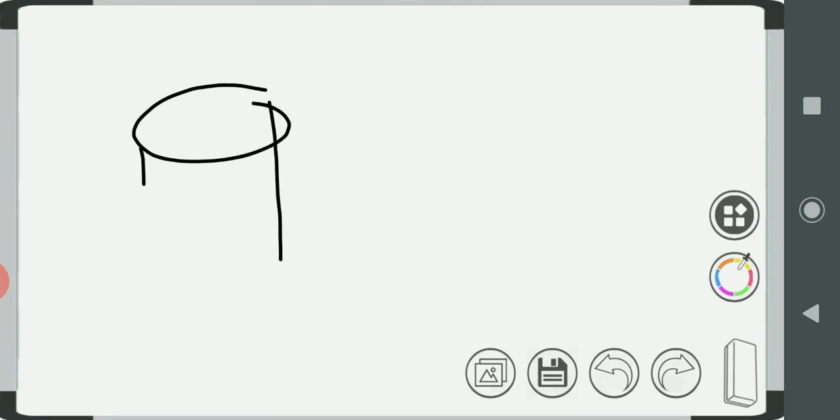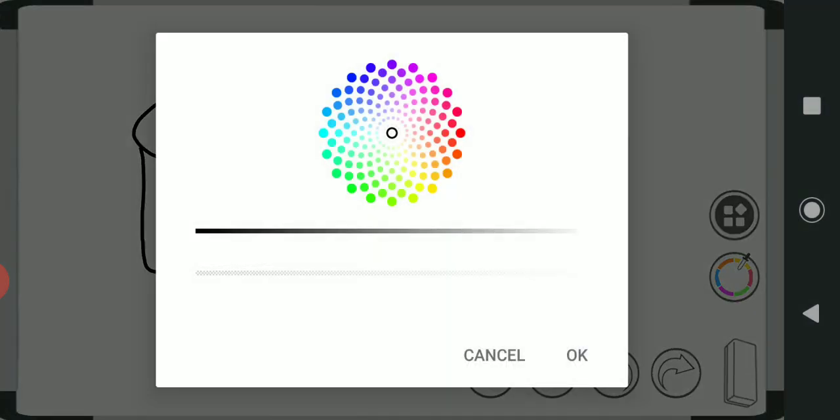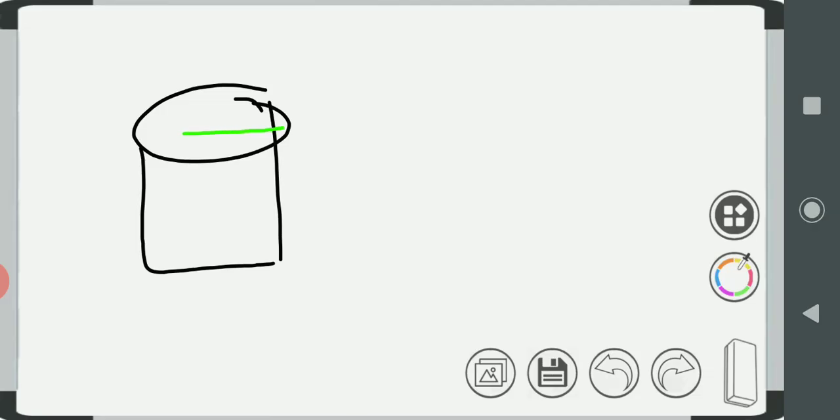Let's look at another one real quick. What if they give us the diameter this time? Remember, diameter is from edge to edge. Let's say the diameter is 8 inches and the height is 10 inches.